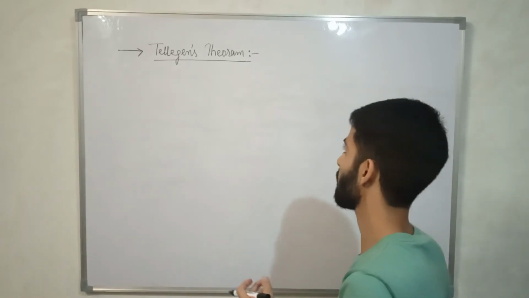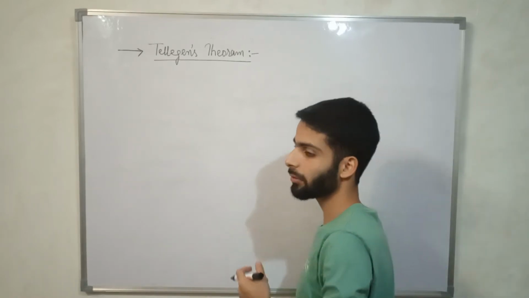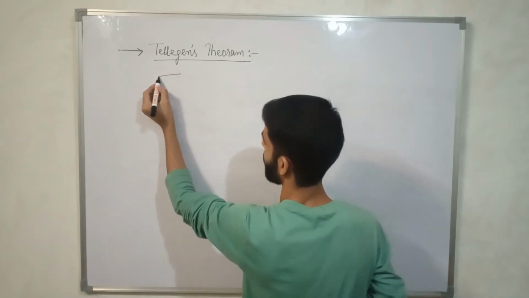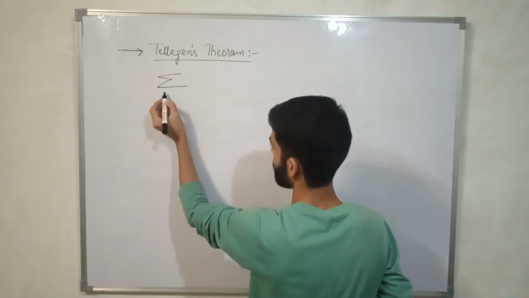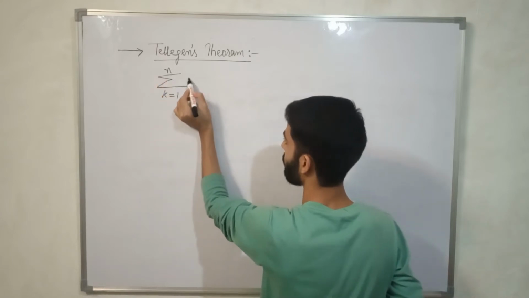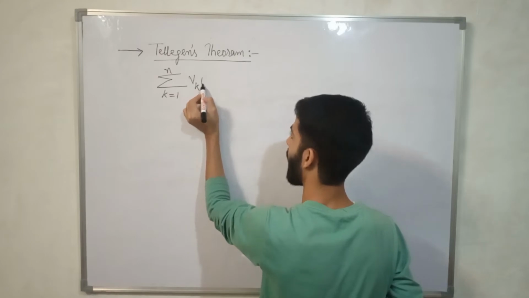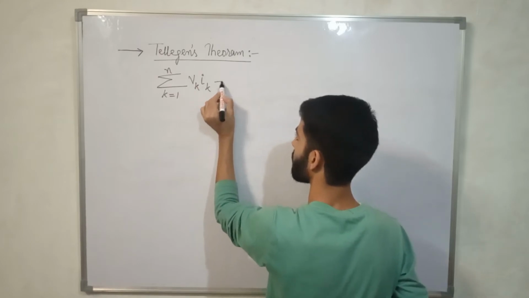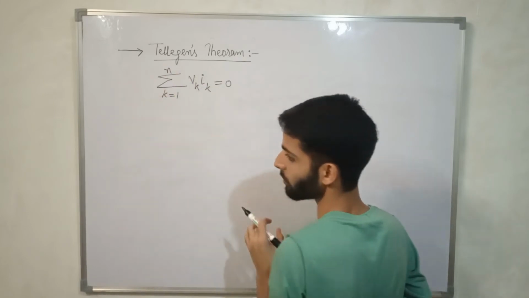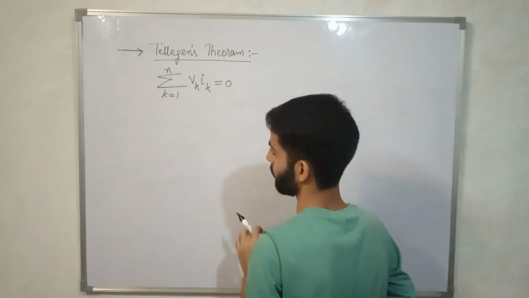Whenever we are called for Tellegen's theorem, a formula should strike in our mind, that summation k equals 1 to n of Vk Ik equals 0. What does this mean? Summation or algebraic sum.